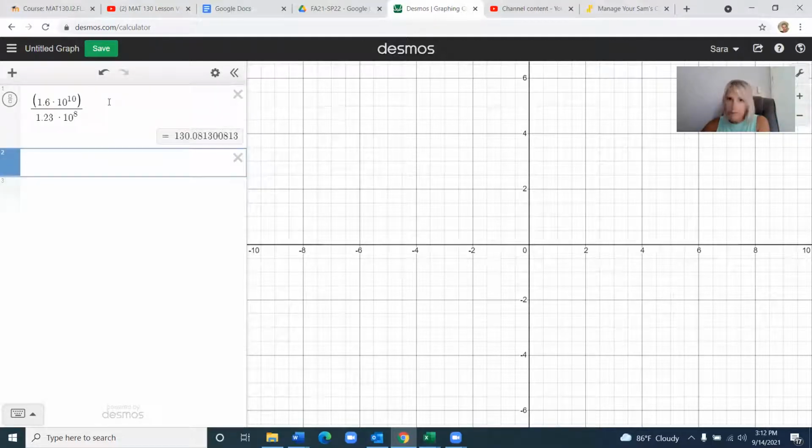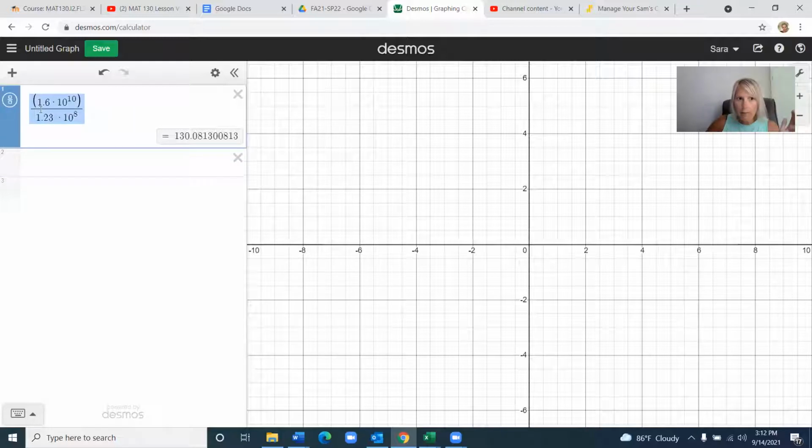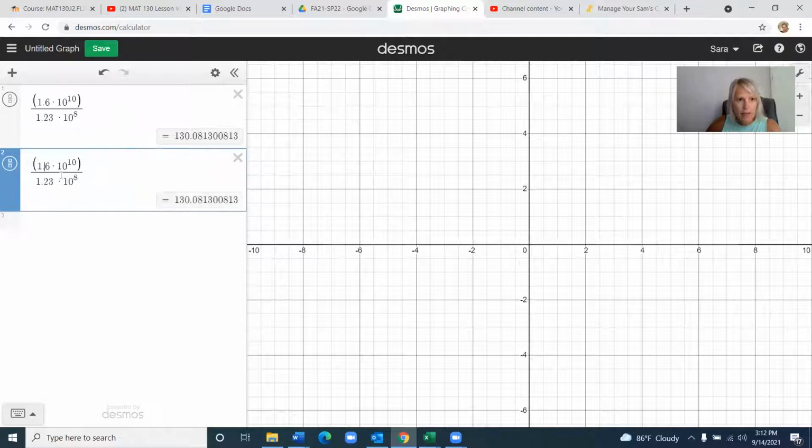So to be paid off in 1930, every citizen would have owed $130.08. Let's see what it is now. And we could just copy this if we want. And Control C copies, and you can put it down here, and Control V paste, and then we can edit it.